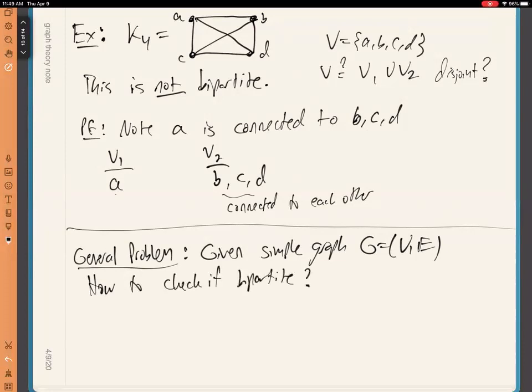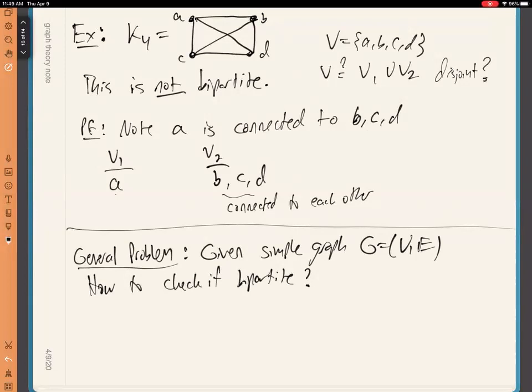I don't know if there's any sort of rigorous algorithm to do this, but as long as you're given a graph with a relatively small number of vertices, like less than 100 or something like that, what you can do is approach it in the same way I approached the last example.